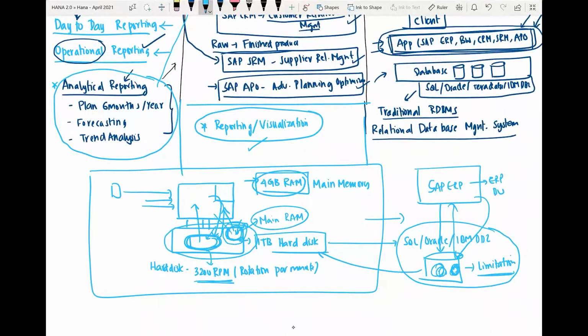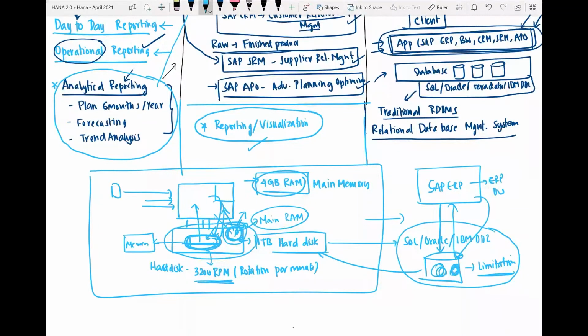Why not have a database that is completely running on main memory rather than a traditional disk-based database? Imagine if this entire 1 terabyte database, instead of sitting in a disk, was all sitting in main memory.